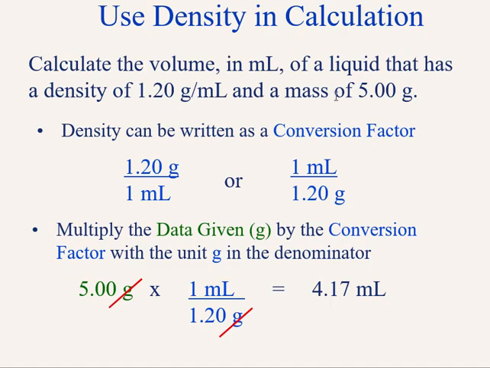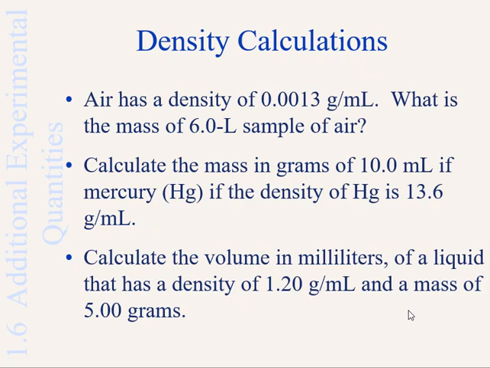The data given in the problem, apart from the density, is 5.00 grams. Multiply 5.00 grams with one of these two, and it's the second one that cancels out the grams, and we get 4.17 milliliters. So now we are not solving for density, we are rather solving for volume given density and mass. And here are some more problems that you should try solving. Pause your video and look at these problems and try to solve these problems.